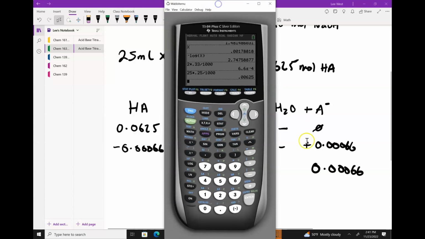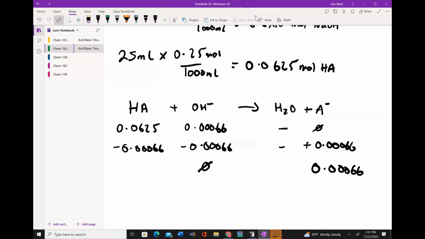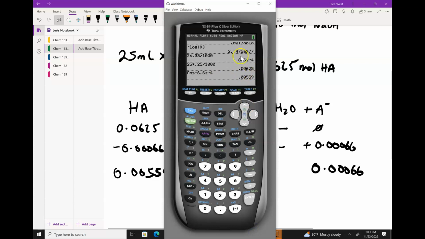So 0.00625 minus 6.6 by 10 to the minus 4, keeping it simple, 0.00559. Okay, so as long as we didn't copy anything over incorrectly, we should be good.